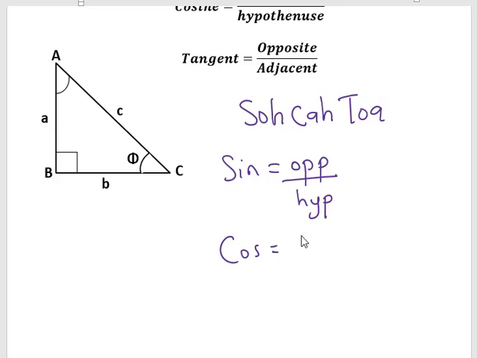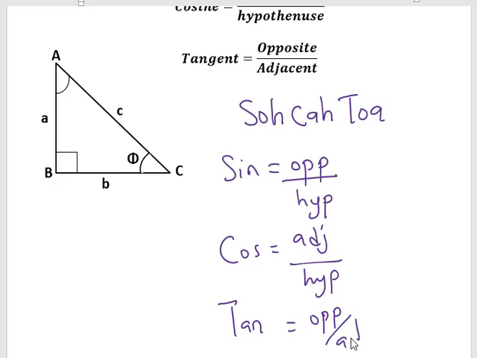Cosine, which is cos, is adjacent over hypotenuse. And the next one is tan, tangent, which is opposite over adjacent.